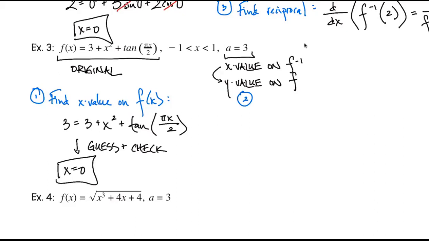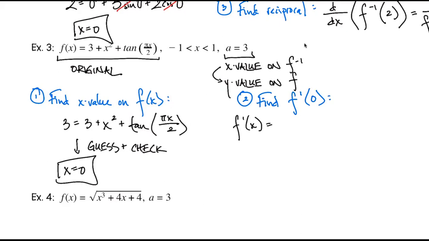All right, so now we're gonna find our first derivative of the original function at 0. And we're going to be really careful to find the derivative first and then plug in 0, okay? F prime of x. All right, let's get our brains working with some of these derivatives.